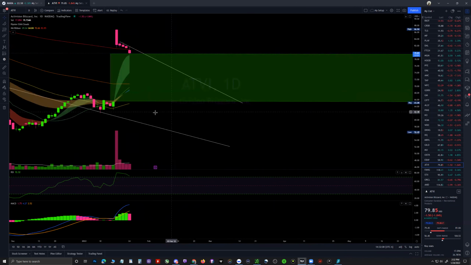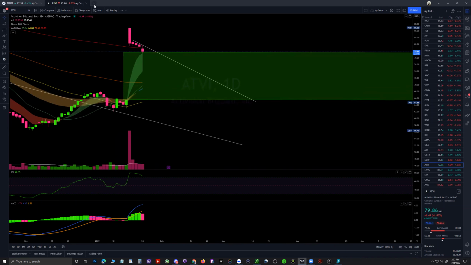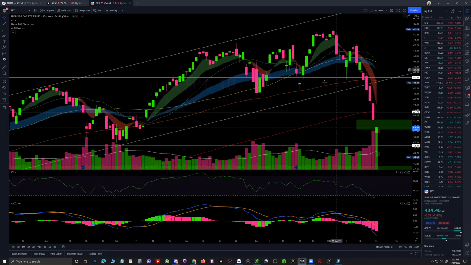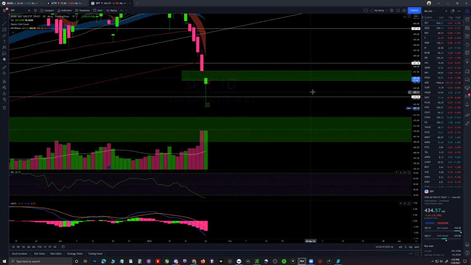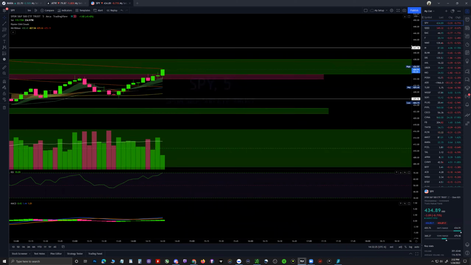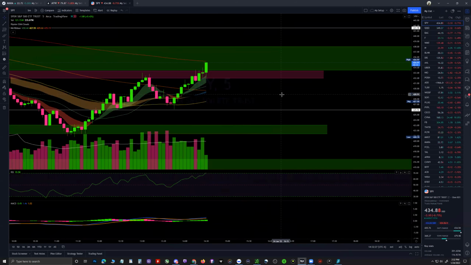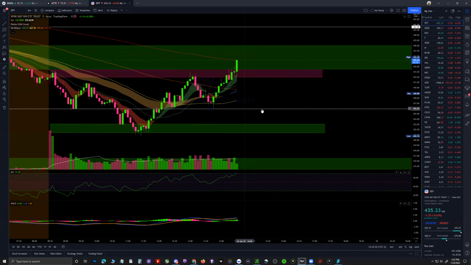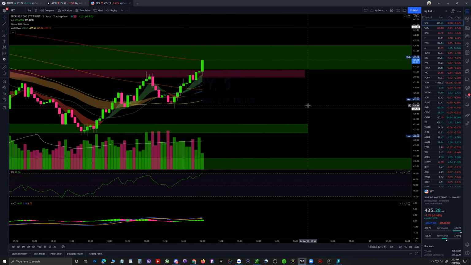Go back to SPY. What's happening with SPY? Let's see where it's at now. It's at 434.44. Oh, she's pumping. So I'm wondering when to enter, because I wasn't here the whole time. Last 30 minutes of the day, it's broken out of the supply zone. Yeah, I'm bullish on SPY at this point now.